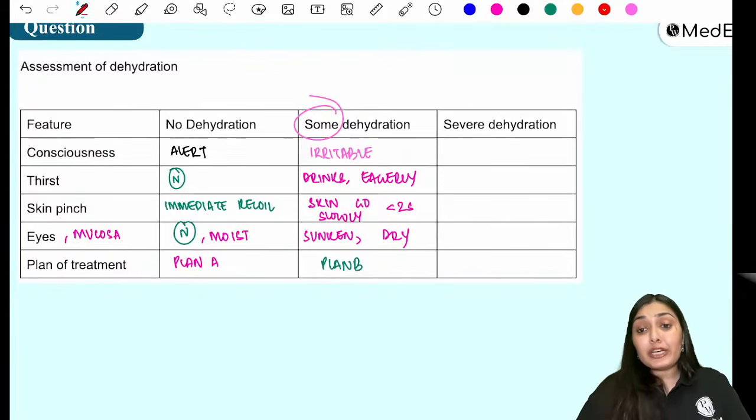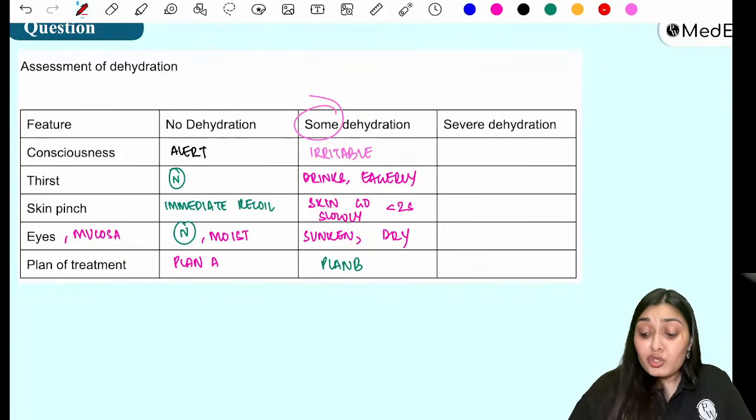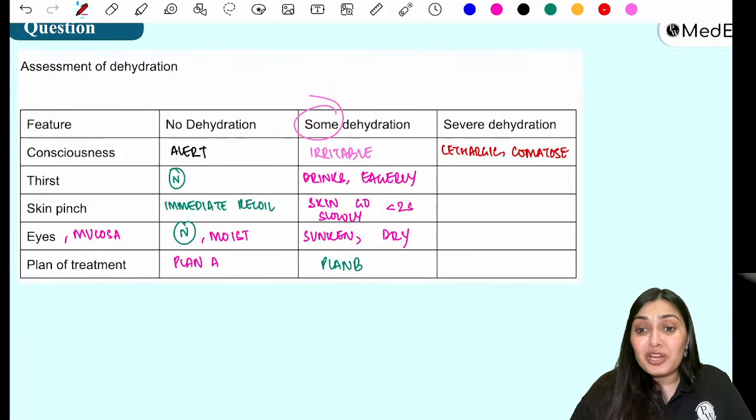Then we have severe dehydration. When the child is severely dehydrated, now he will be totally comatose, very dull, very lethargic. So if the child is very lethargic or comatose, that means this child has severe dehydration. If you offer water to this child, the child won't be able to drink. How will a lethargic or comatose child drink water?